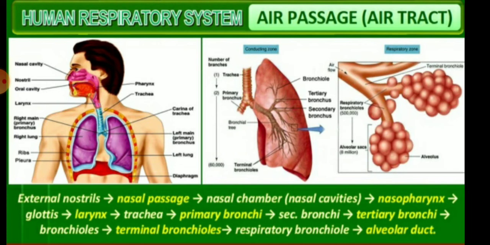After that, the trachea, and then the primary bronchi divided into secondary bronchi and then tertiary bronchi. After that, bronchi divided into bronchioles and they terminate into the respiratory bronchioles, whose last part is called the alveolar duct or alveolar sac. You can easily see that small balloon-like structures are there, which are called the alveolar sacs.